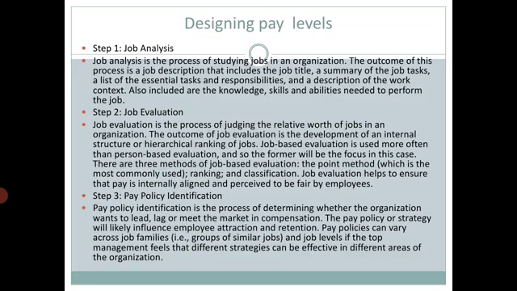The outcome of this process is a job description that includes the job title, a summary of job tasks, a list of essential tasks and responsibilities, and a description of work context. When we consider a job, its description means what that job is all about.